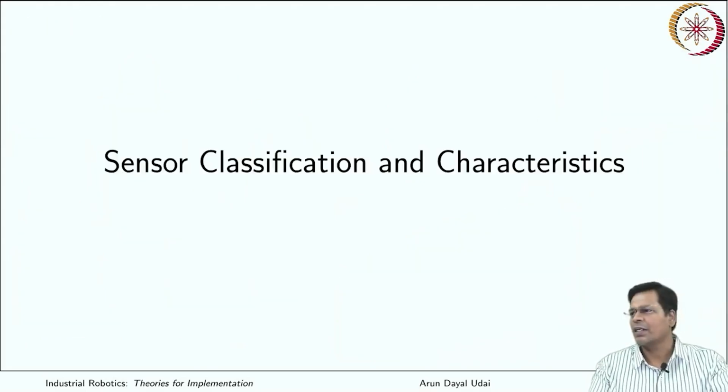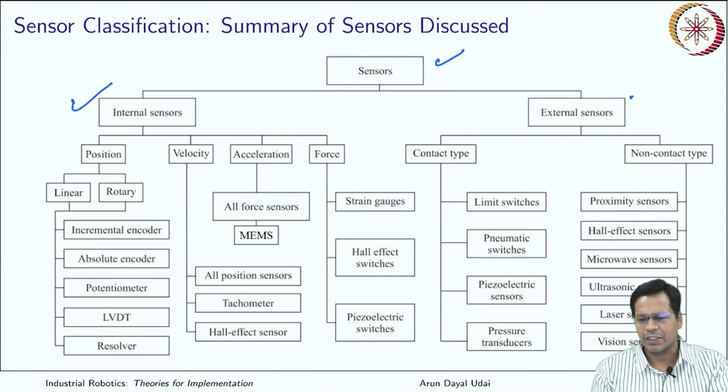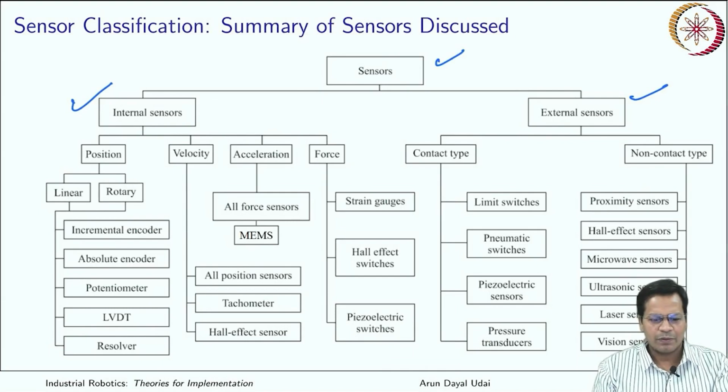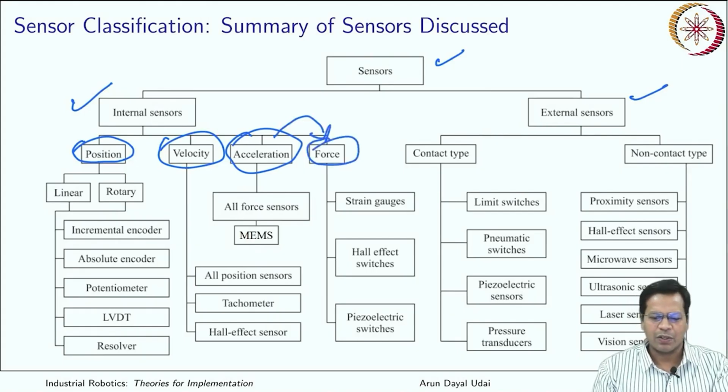Okay, so let us see how sensors are classified. Sensors are internal sensors and external sensors. Internal sensors basically give you the state of a machine. This can be position, velocity, acceleration, and an acceleration sensor can be used like a force sensor or otherwise also. So these are the four major kinds which give you states.